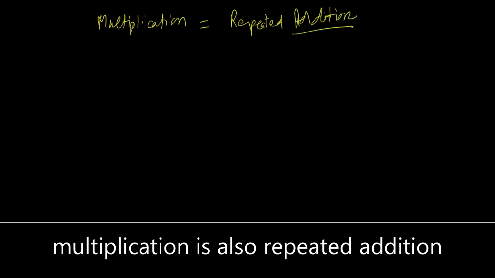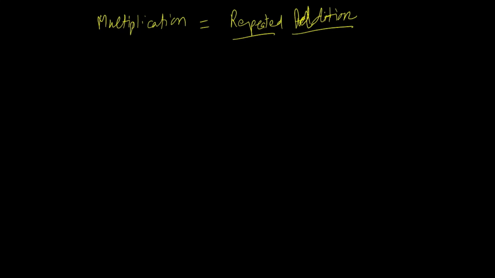Before we do multiplication on the number line, we have to understand that multiplication basically means repeated addition. Let us see one case. Suppose I have to multiply 3 by 4.